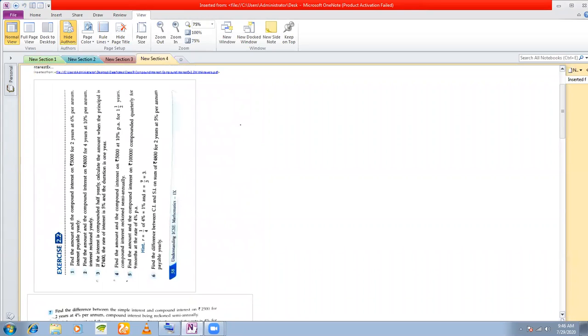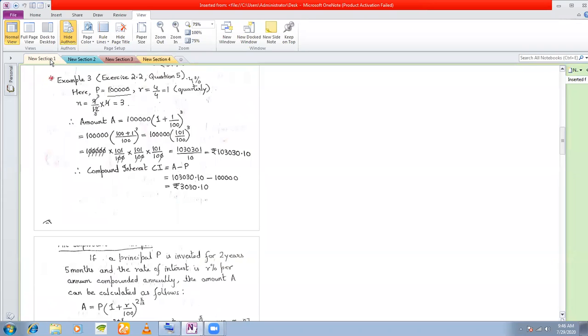This one is a little inverted here. Find the amount and compound interest on 1 lakh compounded quarterly for 9 months, at the rate of 4%. So the time is given in months. Coming back to the question, the time is given here as 9 months. And it is said that the interest is compounded quarterly.